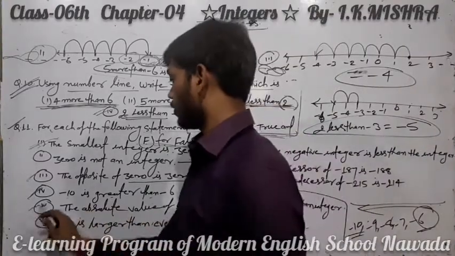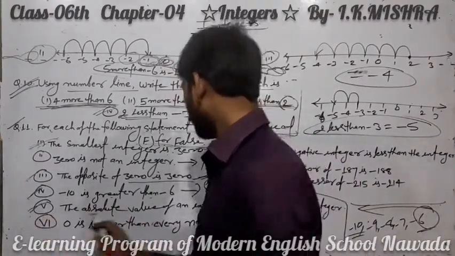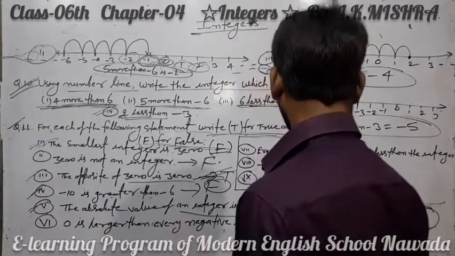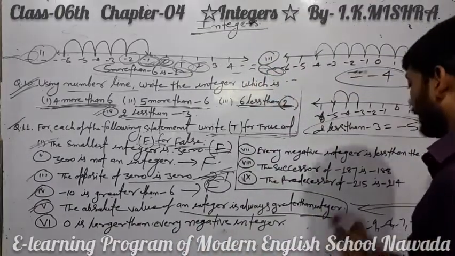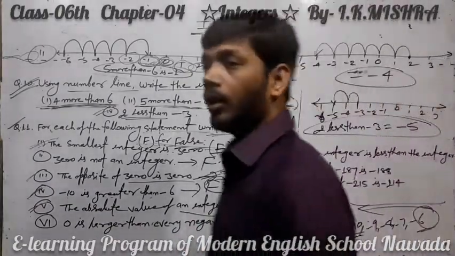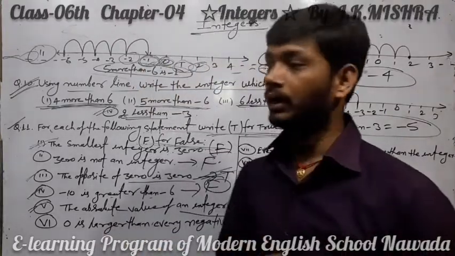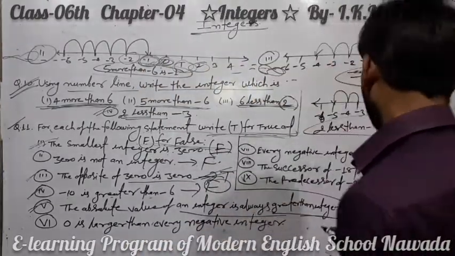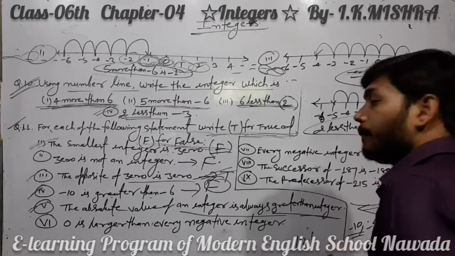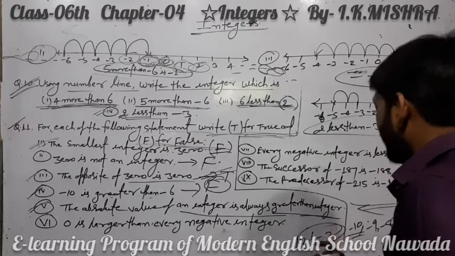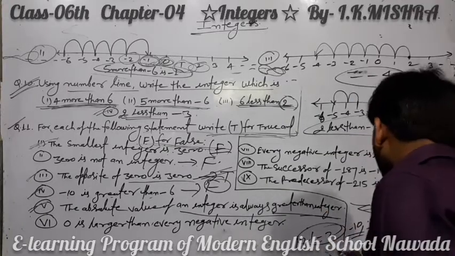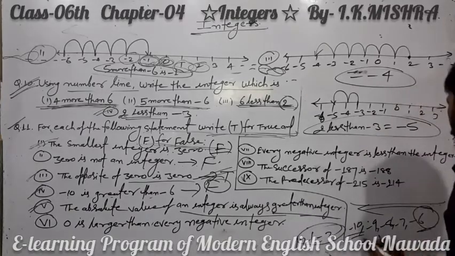In question number 5, the absolute value of an integer is always greater than the integer. Not always greater. The absolute value of 2 is equal to 2 and not greater than it, but the absolute value of minus 1 is equal to 1.